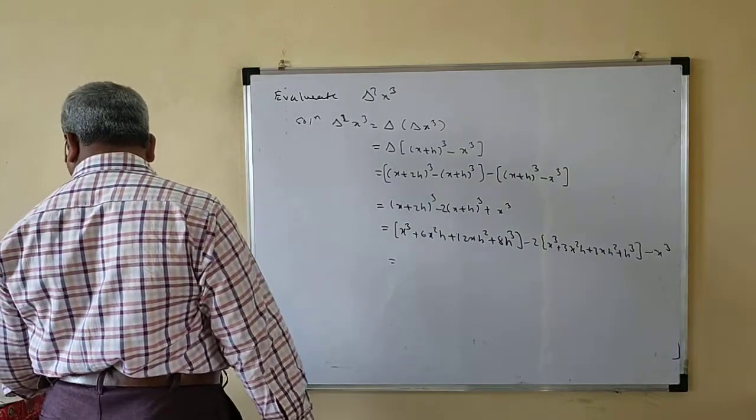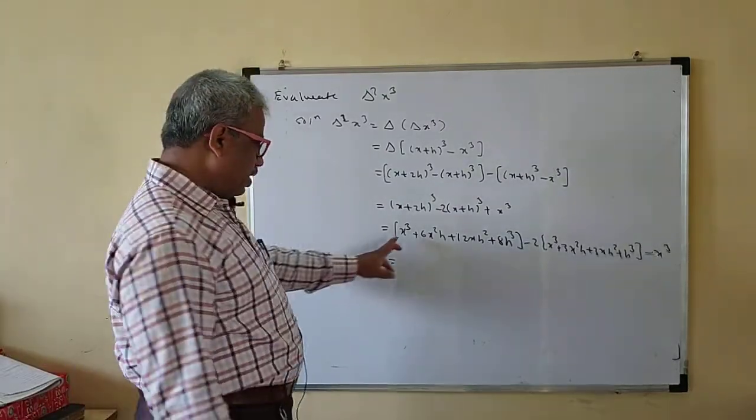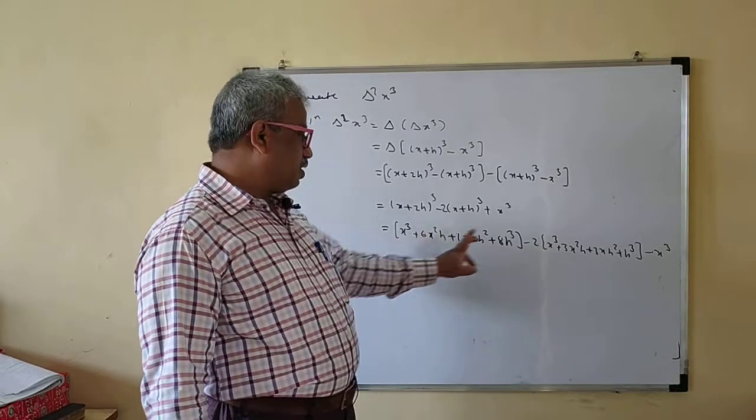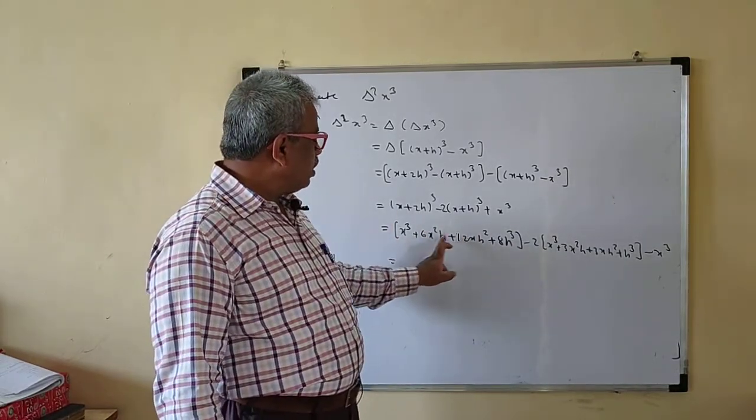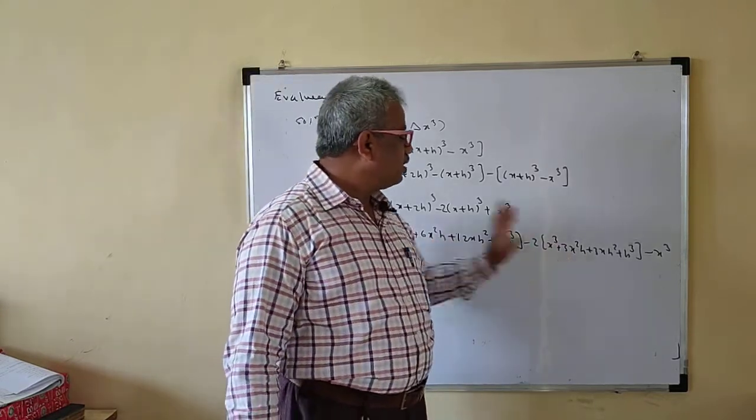Okay. So this is correct now. So this what x cube get cancelled. 6x square get cancelled. Now we collect the term of h now. So this is what, see this is 6h square and this is 6 get cancelled.